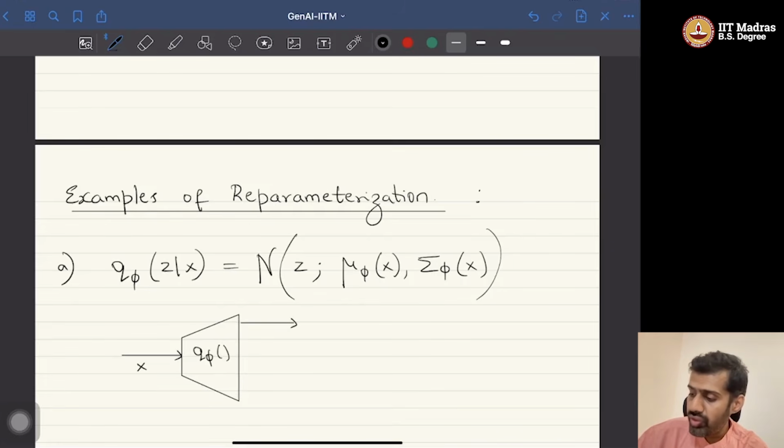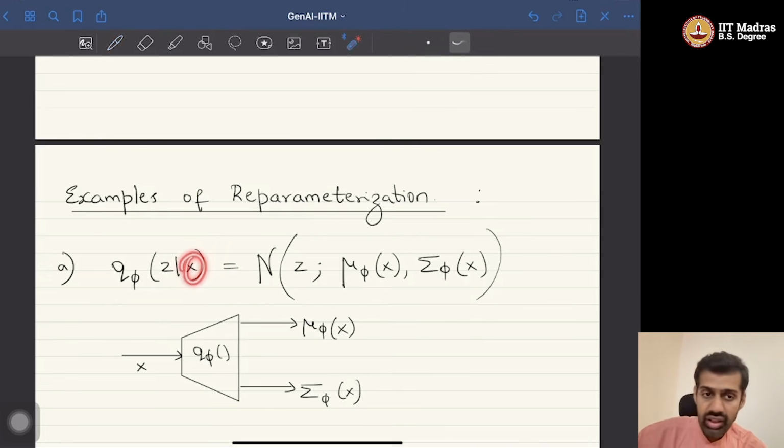We have assumed that this q phi distribution is a Gaussian, which means that this will give you a mu and a sigma, and these are parameterized by phi, because they depend on the parameters of this neural network. This is also dependent on x, because for a given x this distribution is different. You have a different latent distribution for every given sample of x, and therefore you have the dependence on x for the parameters of q phi.